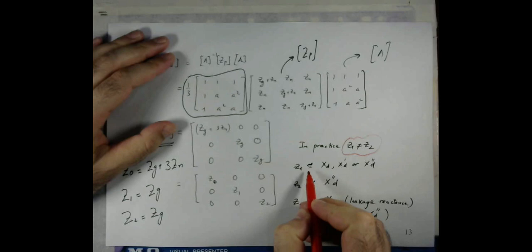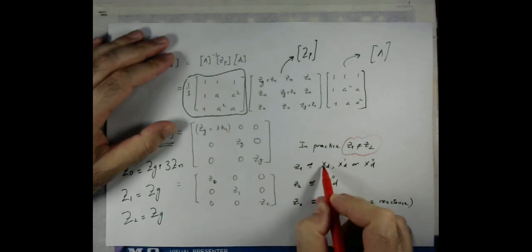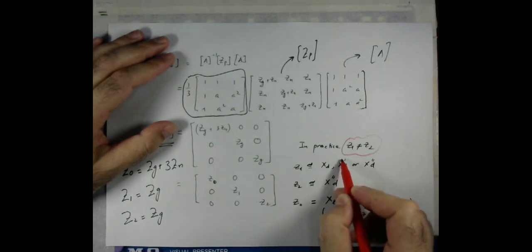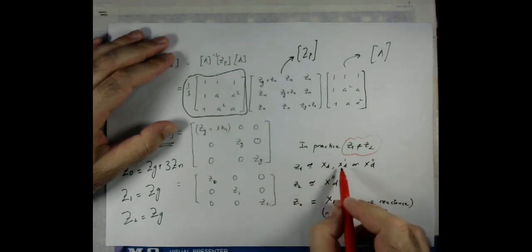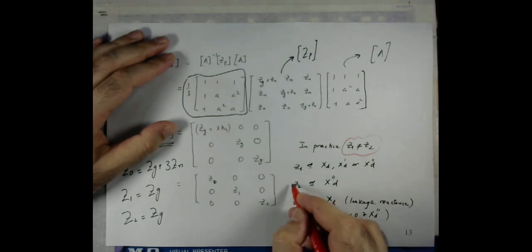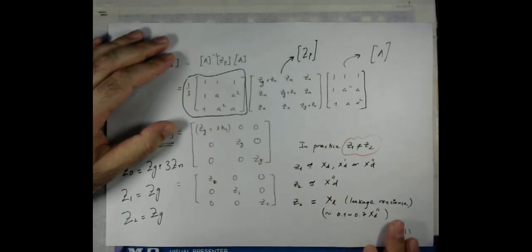So in practice, usually Z1 is taken approximately as either of the XD values. If you remember, this is the steady state reactance, the transient reactance, and the sub-transient reactance. So Z1 can be approximately taken as either of these values, and Z2 is approximately taken as the sub-transient reactance.